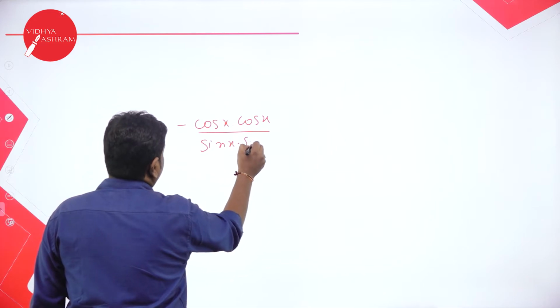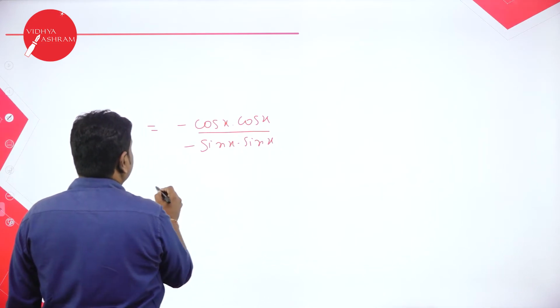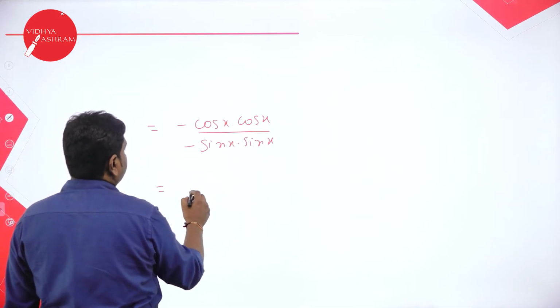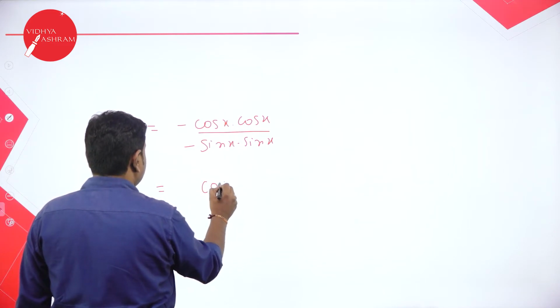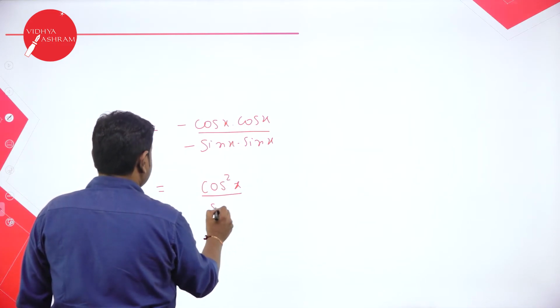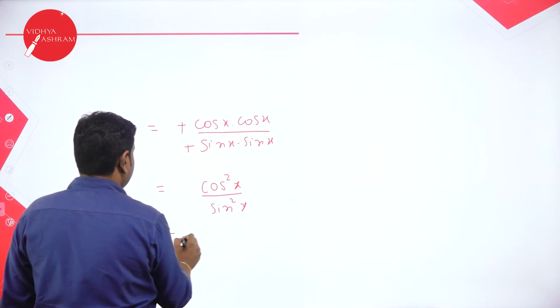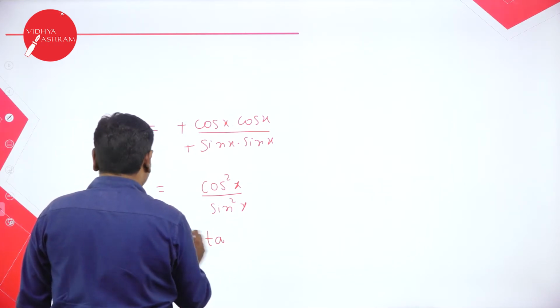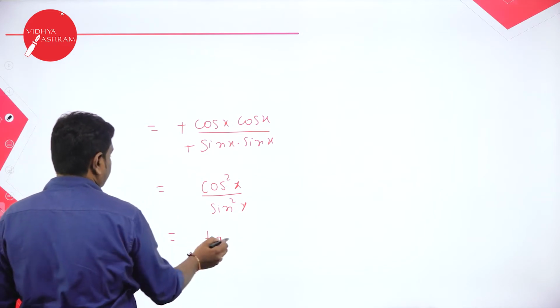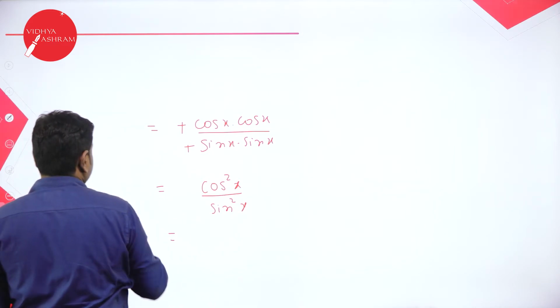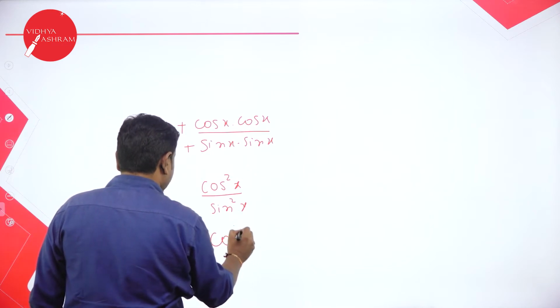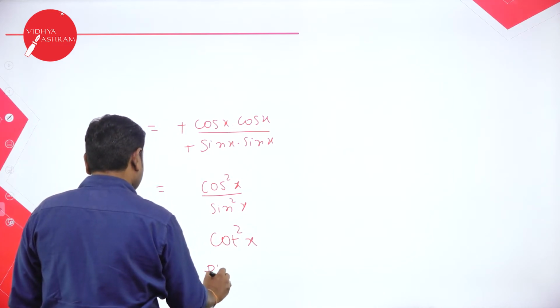Plus into minus is minus. Minus cancels. So cos into cos is cos square x, sin square x, and minus cancels. So cos square by sin square is called what? Cos by sin is cot. Cot square x. This is the RHS.